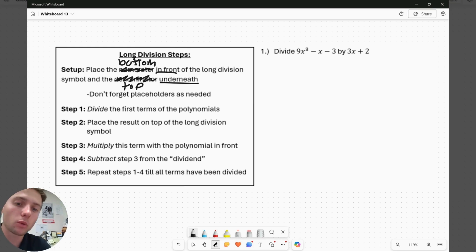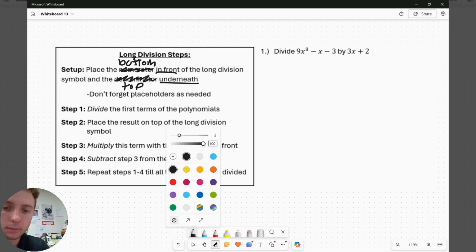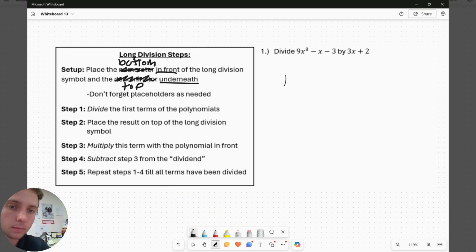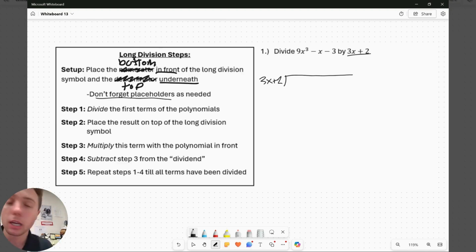If you remember when you were younger, a long division symbol looks something like this. We take what we're dividing by, and that goes out front, and whatever is being divided we place underneath. But you need to be careful when you do that. One thing it says over here in our steps is don't forget placeholders.